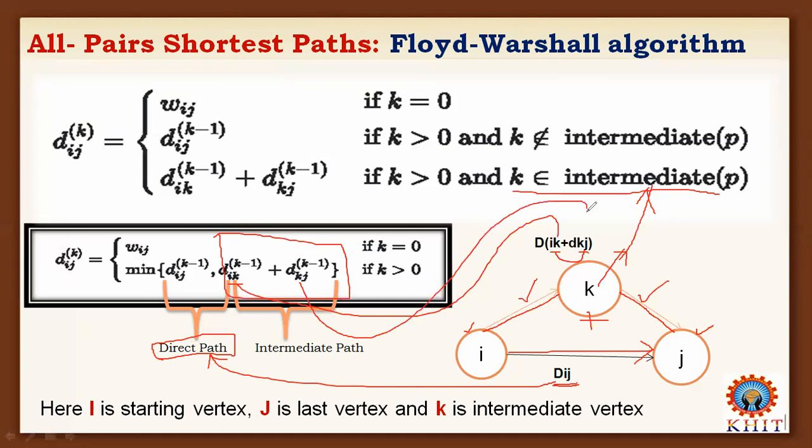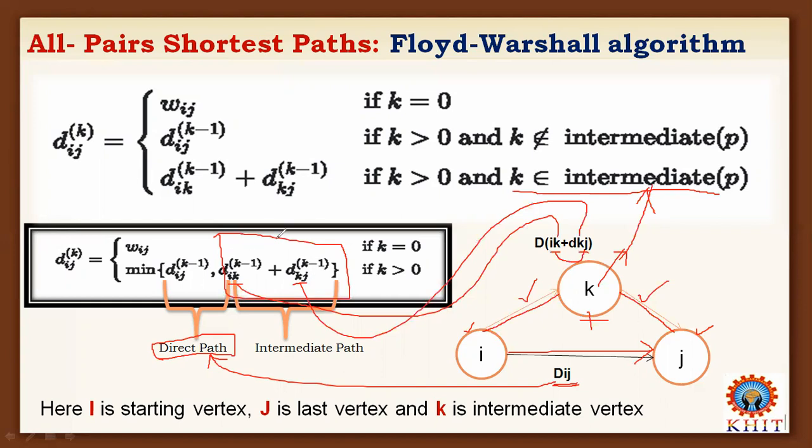Clearly, you need to find the distance d of I to k, where k is the intermediate node, and the distance from vertex k to j. If you sum the distance from vertex I to k and vertex k to j, you will get the sum of the distance between vertex I to j through an intermediate vertex k.